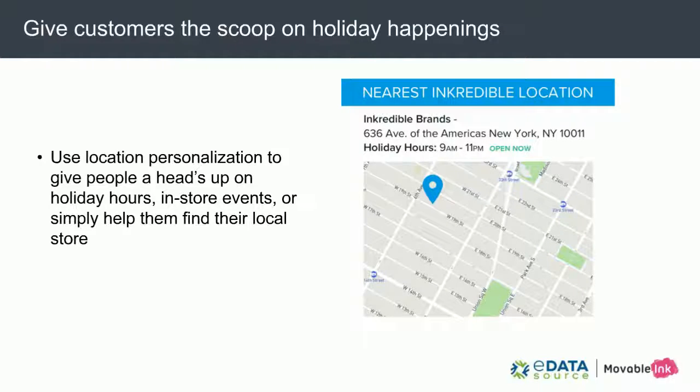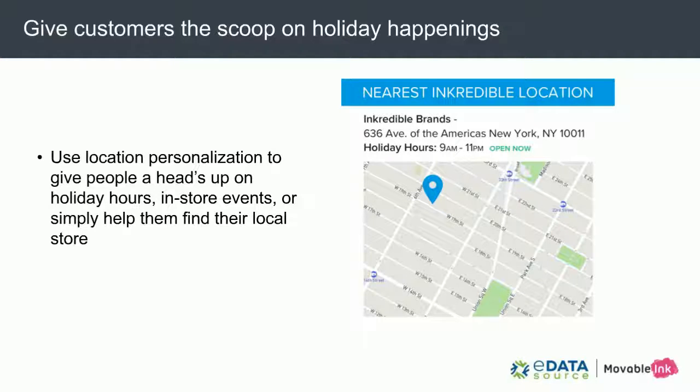You can actually display holiday hours, so if maybe you're going to be closed on Thanksgiving and then you know what time your store's opening on Black Friday. Or you have specific holiday hours for the weekend versus during the week. You can definitely call that out here right above the map as you see in this example.